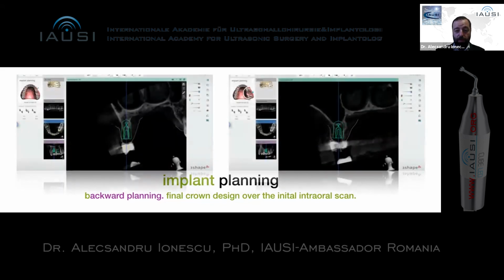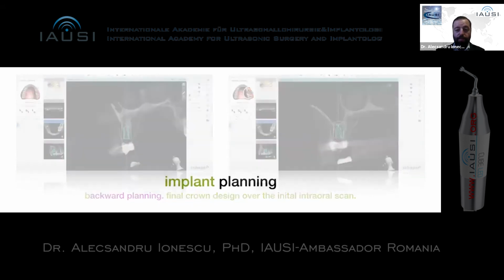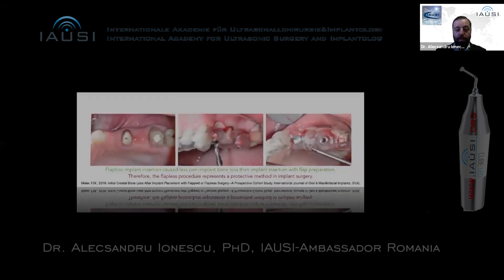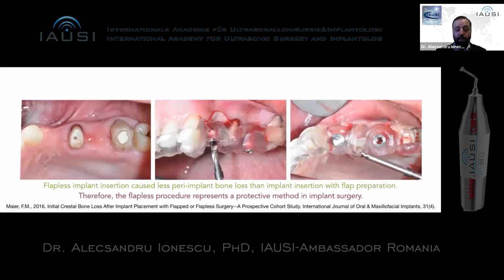So you can see the planning, bone splitting in the premolar and the internal sinus lift in the molar region. And this is our surgical guide, and this is how we marked the zones through the guide.